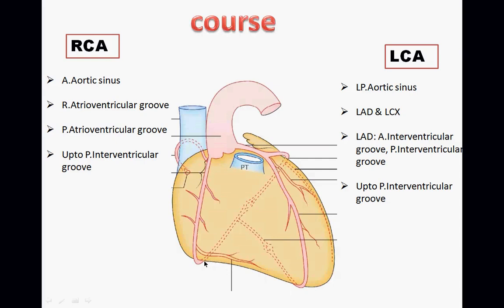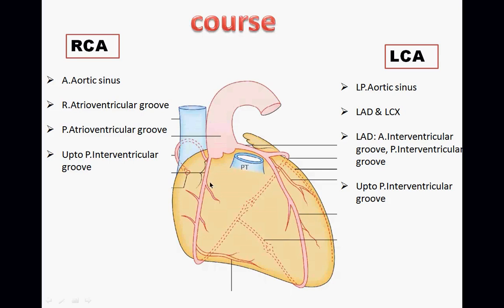And posteriorly, you have the right posterior atrioventricular groove over here, and you have the left posterior atrioventricular groove. Together, you can also call it the posterior atrioventricular groove. And here you have the two ventricles that are separated by the posterior interventricular groove. And on the anterior side, you have the anterior interventricular groove, which separates the right and left ventricle. So this is about the grooves.